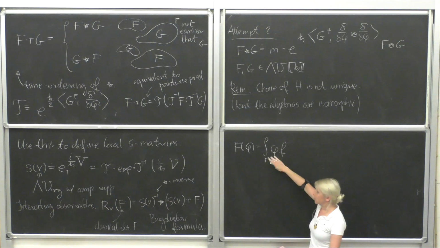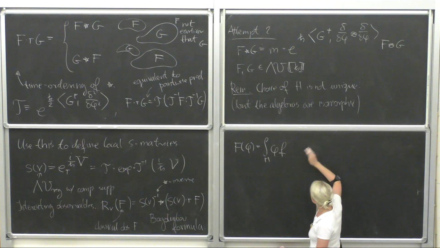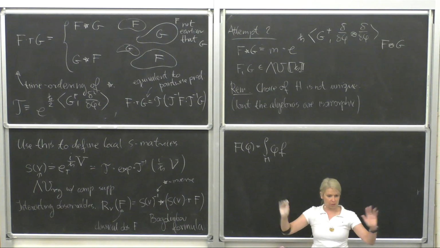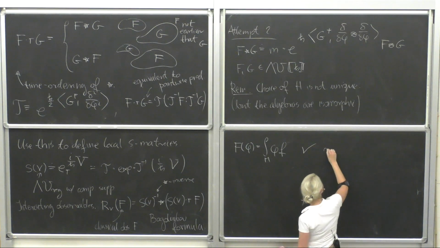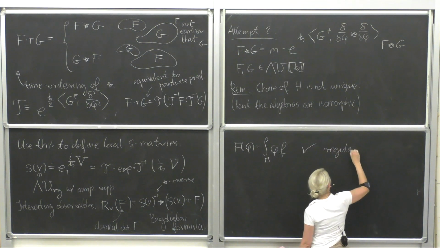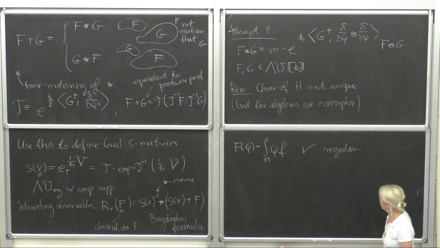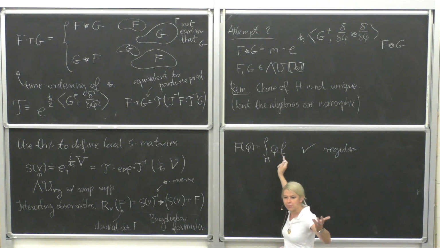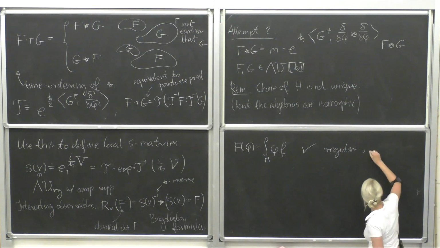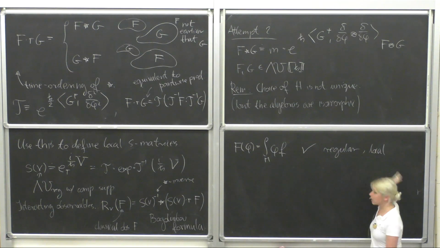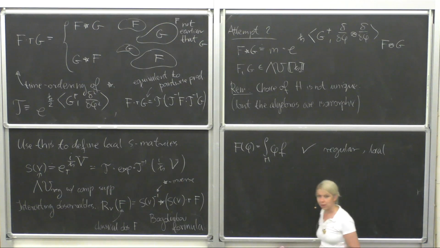The first derivative is just f, second derivative is 0, it's all fine. So this is regular. And this depends only on one thing, right? So it's very trivially local. Okay, so that's an example of something that's both regular and local.